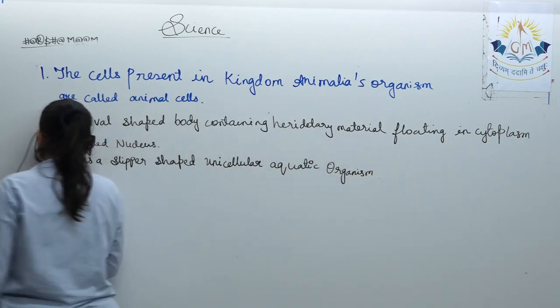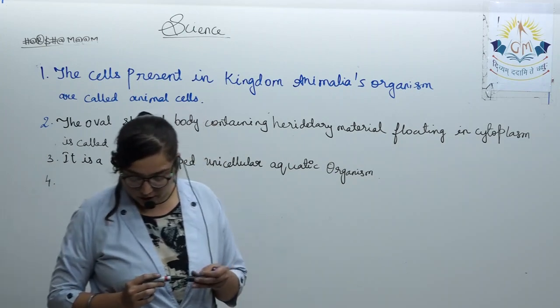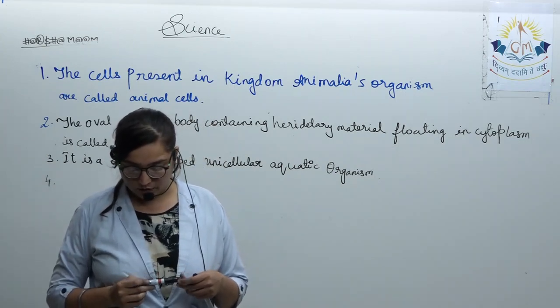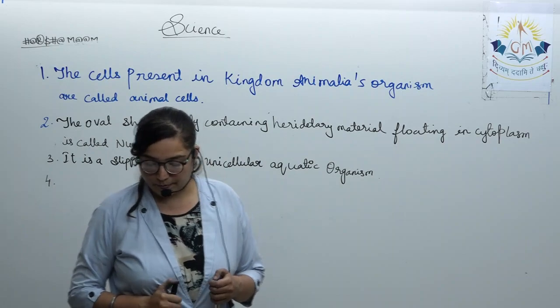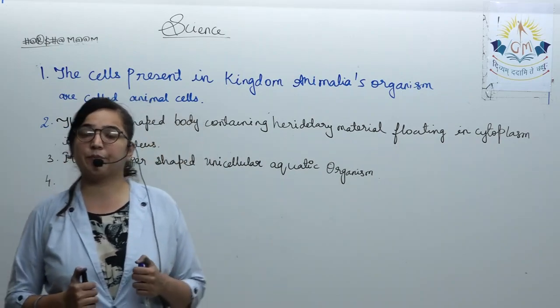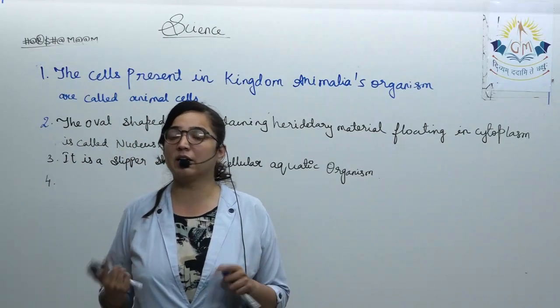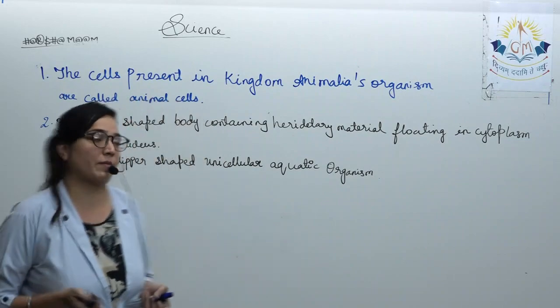Okay, moving on, the next part. Fourth question, which is the nerve cell. If we talk about the nerve cell, it is the cell which helps in transferring messages to the brain and the organs.